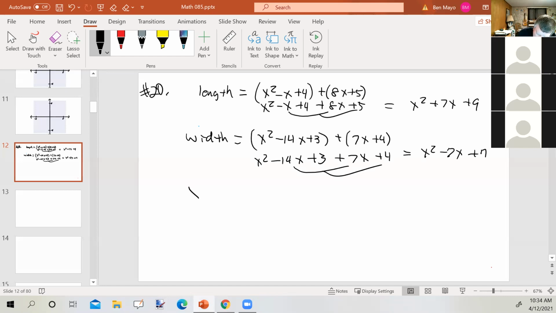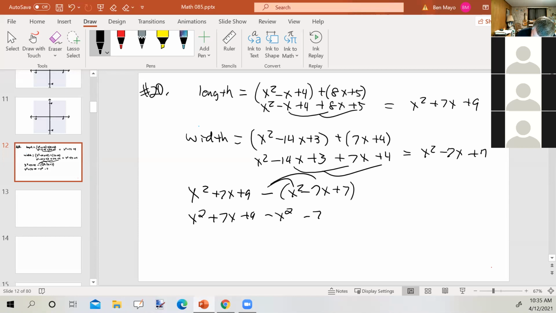So we're going to take the length minus the width. And I've got to put parentheses around the width because I'm subtracting that whole thing, every term. So then I get X squared plus 7X plus 9 minus X squared minus, oh wait, that's going to be plus because it's minus times minus, plus 7X minus 7, which is, I've done something wrong.